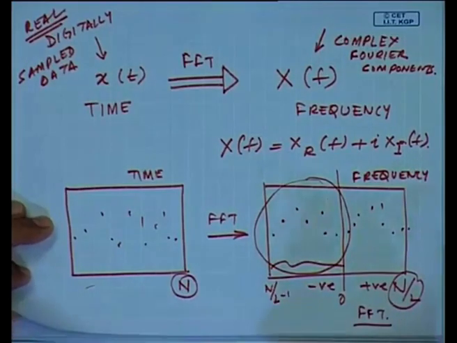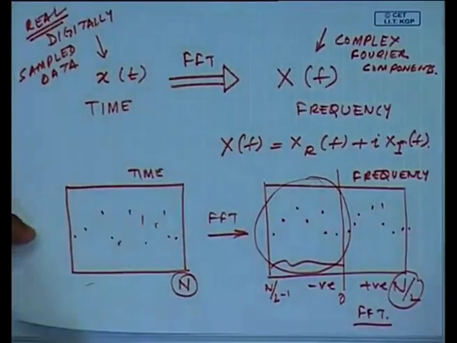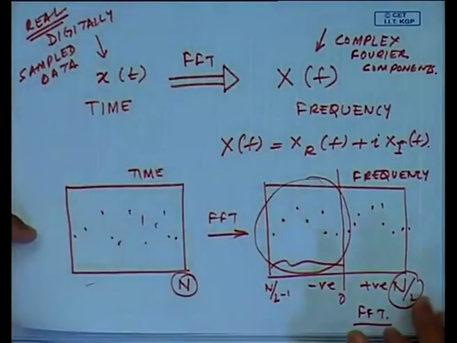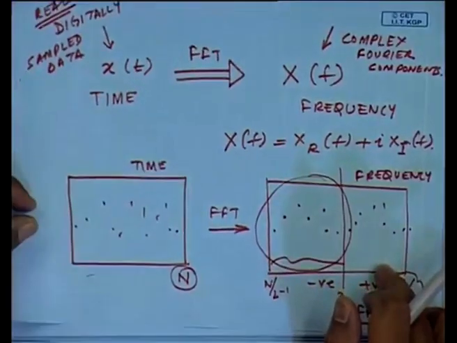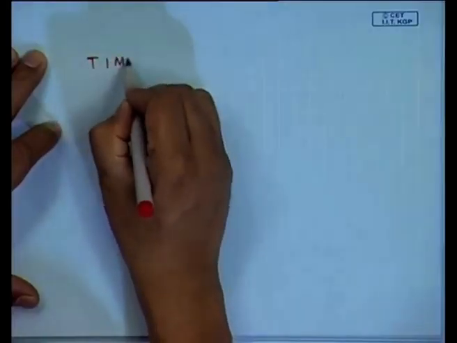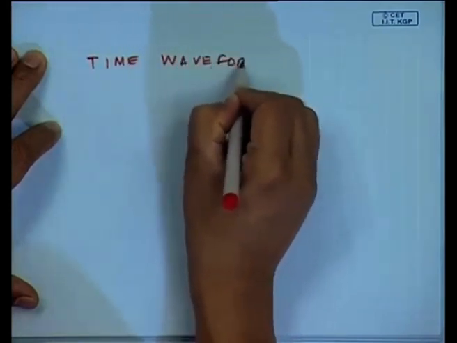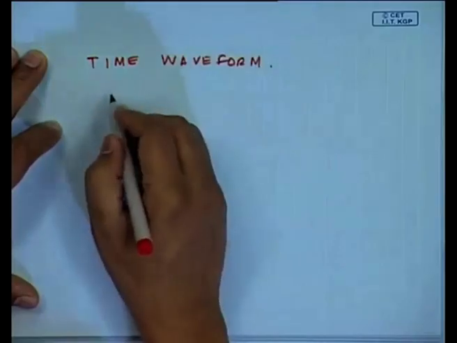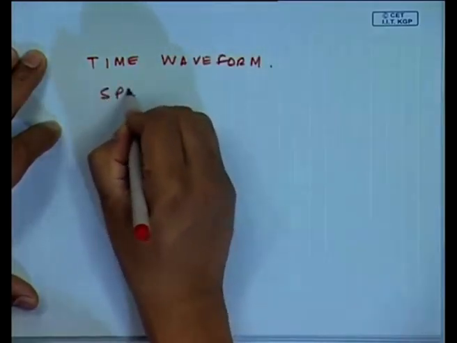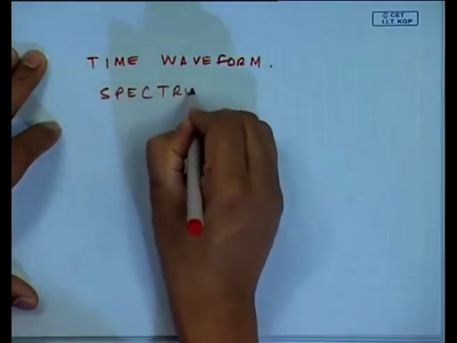Okay. Now, how do we relate the sampling frequency to the maximum frequency contained in the signal and to the spectrum which we get in the frequency domain? I should tell you, like we have a time waveform, anything where the x axis is frequency, we call a spectrum.